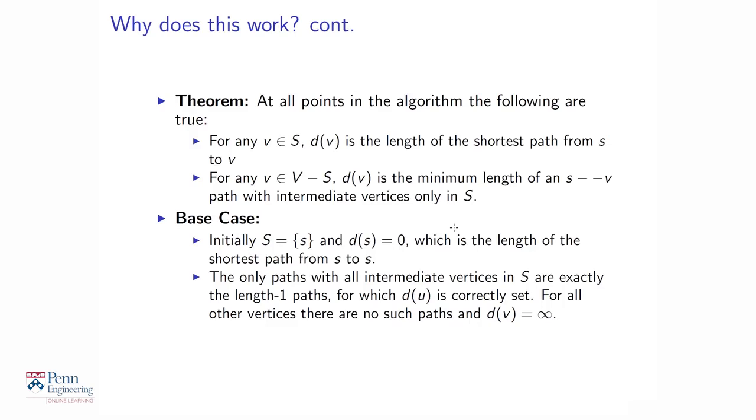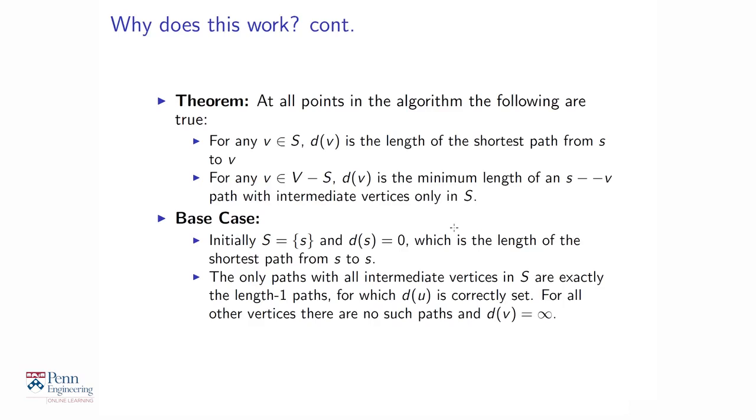For any vertex v on the source side, d of v is going to be the length of the shortest path from S to v with no qualifiers, meaning the absolute best shortest path from S to v. For any vertex v on the source side, d of v has that value in it already. So no more changes to d of v. We'll never discover a shorter path to v.